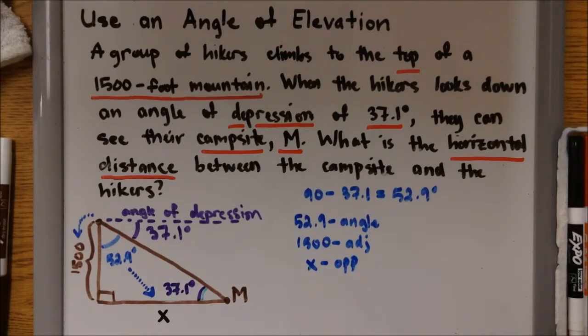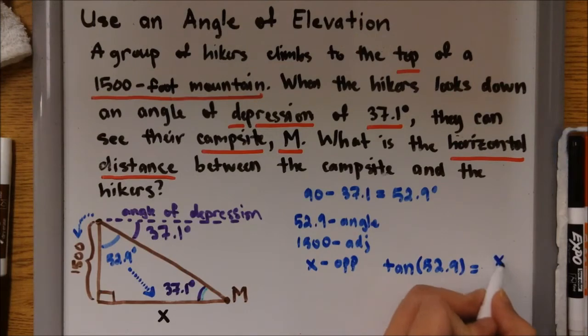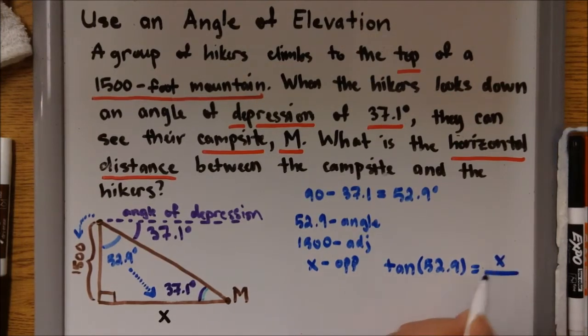So the trig function that uses only adjacent and opposite is tangent. So I'm going to write here tan of 52.9 degrees equals, now tan is opposite over adjacent, so I will put x on the top since that's opposite, and I put the adjacent, which is 1,500.